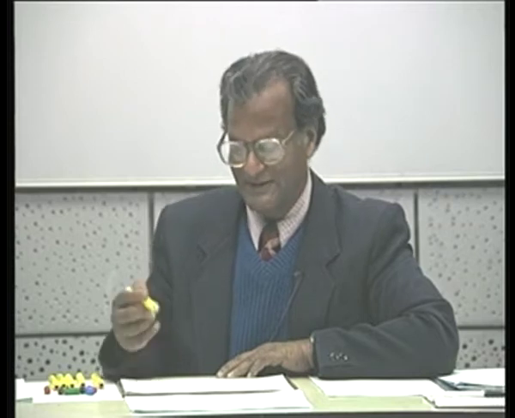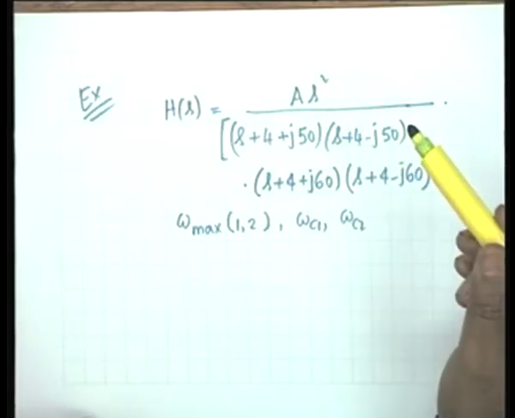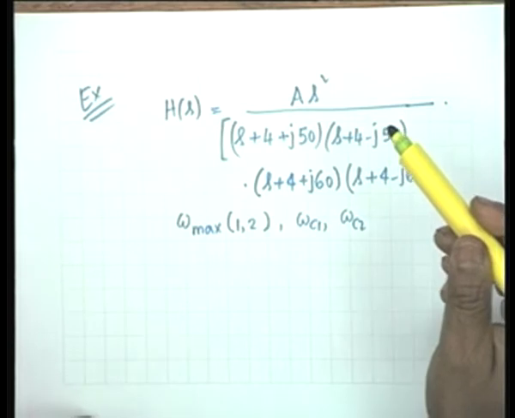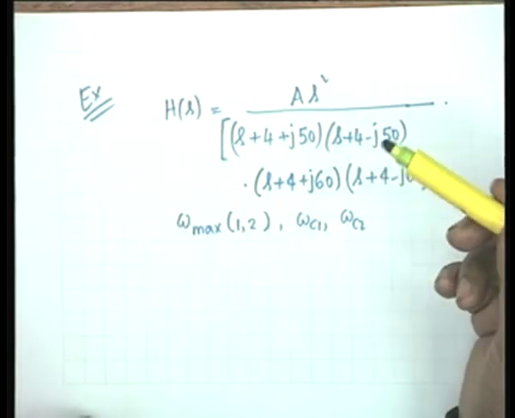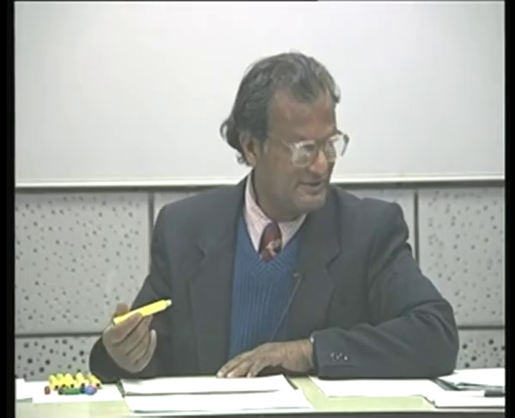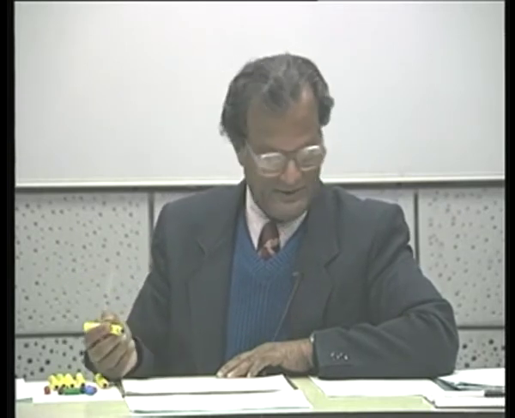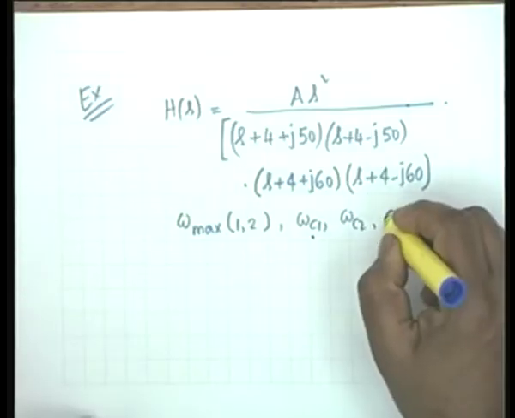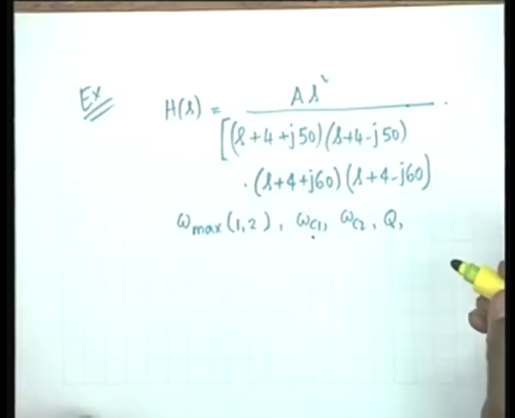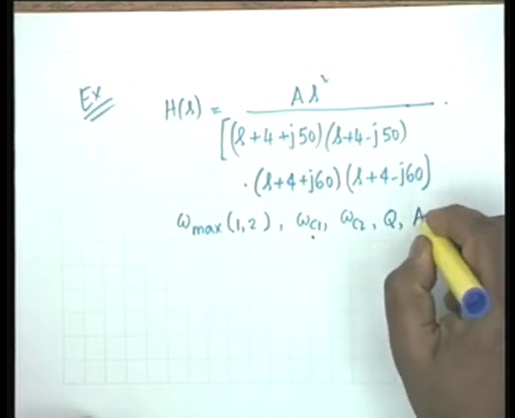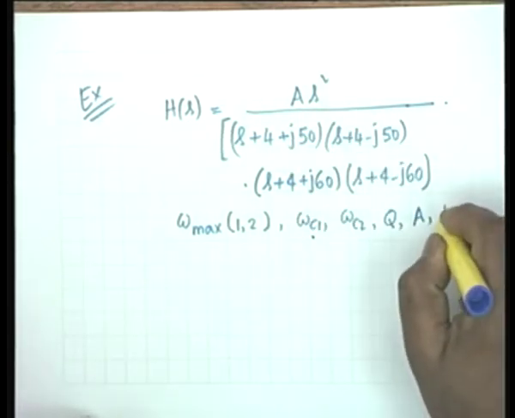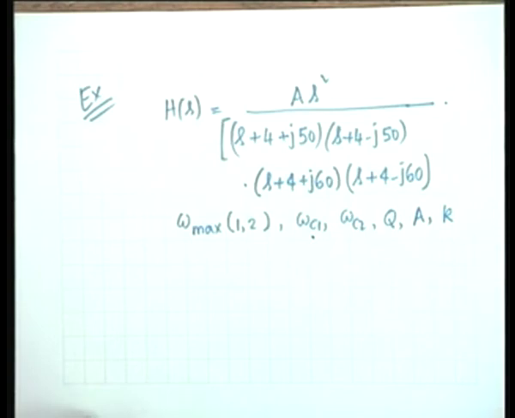You must be careful. There is a power of 2 here. It is band pass because at the origin, at s equal to 0 it is 0, and s equal to infinity is also 0. So in between there must be a maximum, and therefore there must occur an omega C1 as well as omega C2. You have to find out the value of Q. You remember Q is 1 by 2 zeta. Then the value of A and the value of the coupling coefficient k. These are the things to be found out.